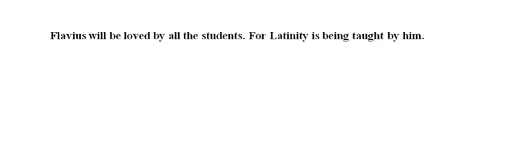Okay, third and last, we're going to get some of the ongoing passive tenses. So the first, Flavius will be loved by all the students. So let's just get right to it. Flavius is again the grammatical subject of the sentence, so we need it to be nominative. And let's do by all the students next.